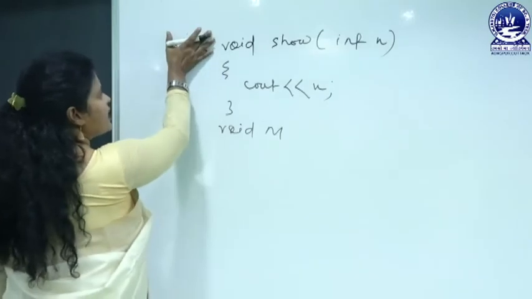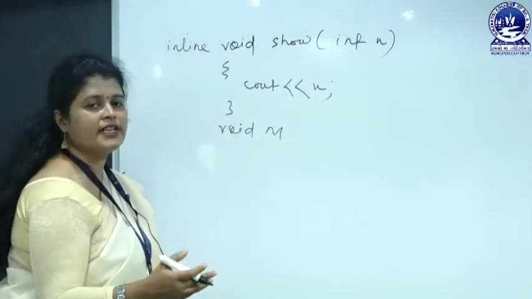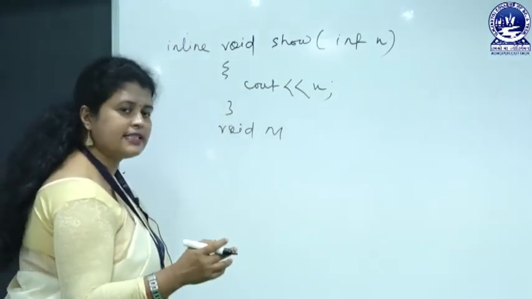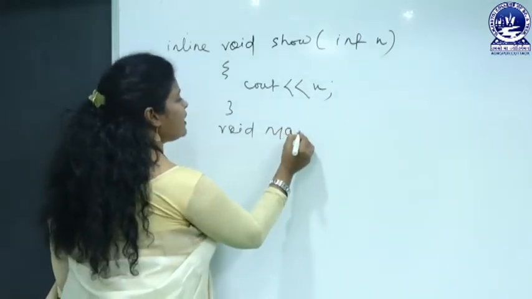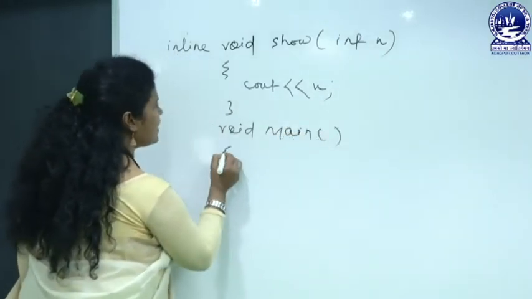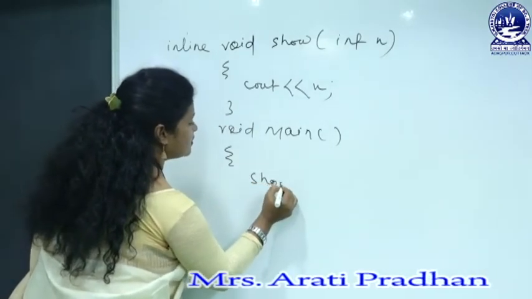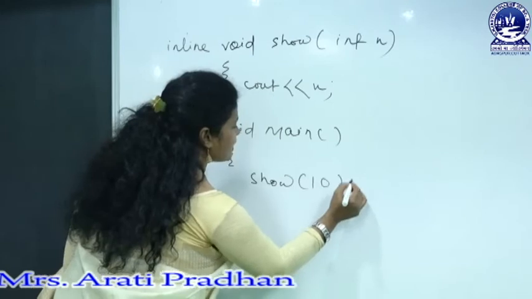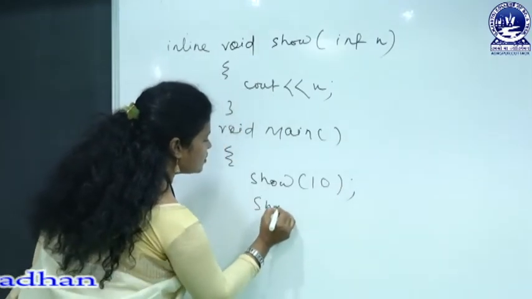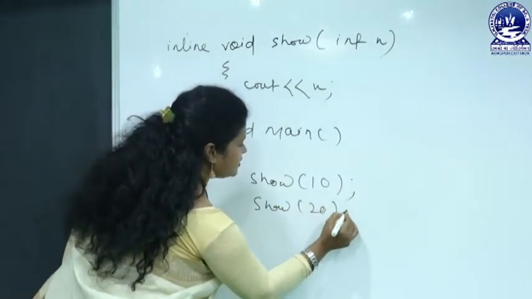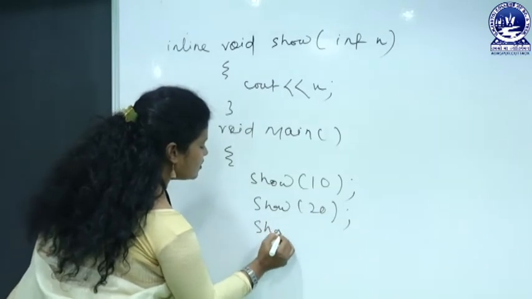If I do not use this, then the function will be treated as a non-inline function or a general function. Inside void main, I am writing show(10), then show(20), then show(30).